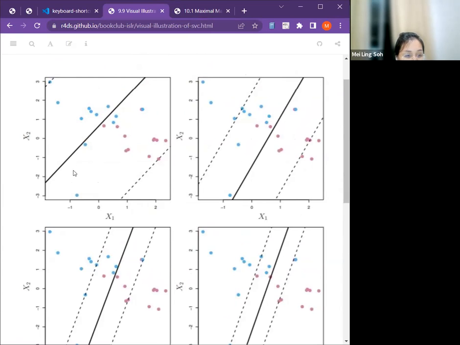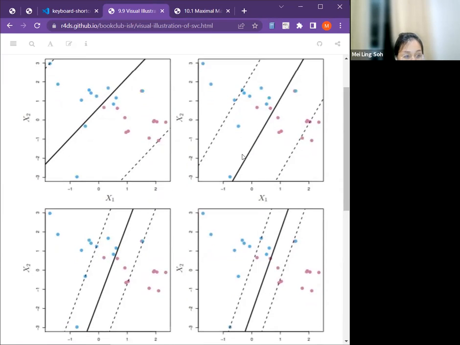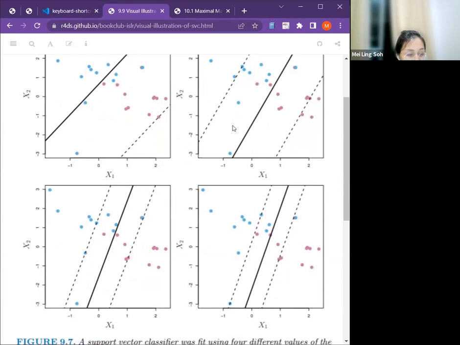When you have a larger margin, you see that there's a high tolerance for observations being on the wrong side of the margin. But when you have a smaller margin, when your C decreases, it means the margin narrows down, and the tolerance for observations being on the wrong side of the margin also decreases.